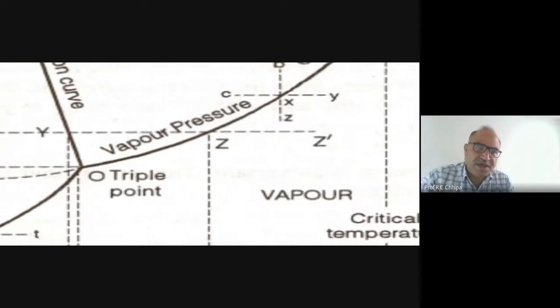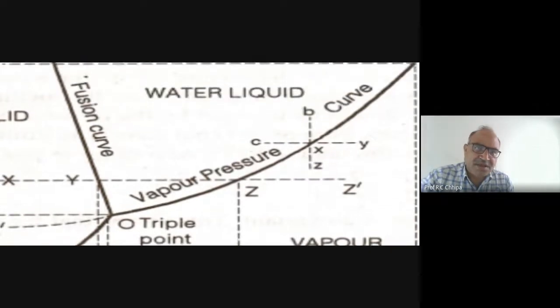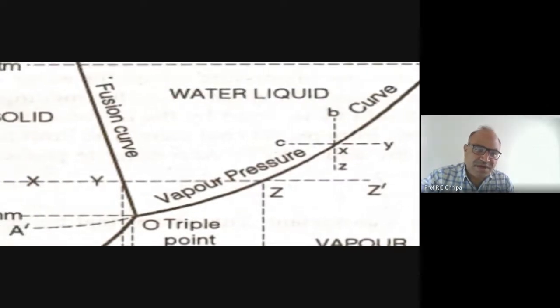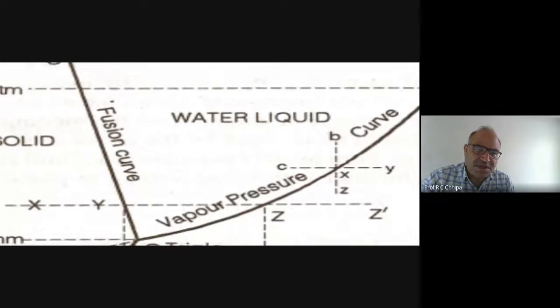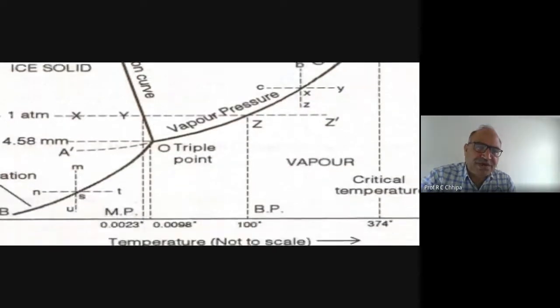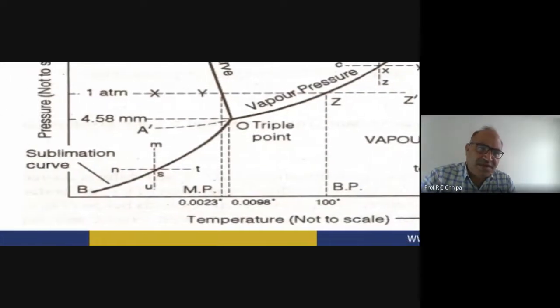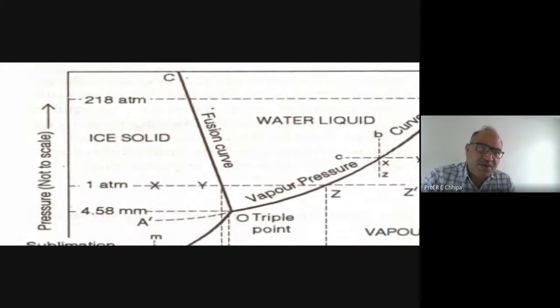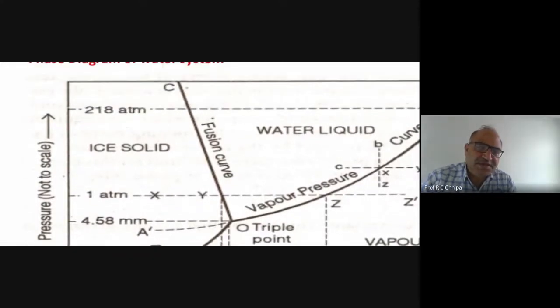So the region COA is the liquid phase of water. Another region, BOC, this area is the solid.